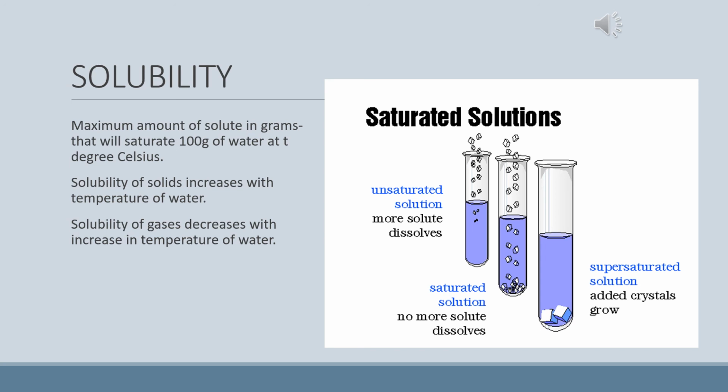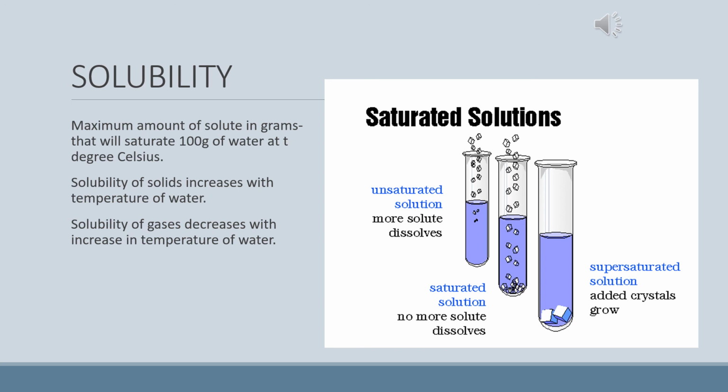Even if you keep adding the salt, you will see that some of the salt remains at the bottom of the jar. That solution is called a saturated solution, which means it can no more dissolve the solute. The solute will remain as a precipitate at the bottom of the jar. Even if we still add solute to the saturated solution, at some point it will become a supersaturated solution where the added crystals will grow.